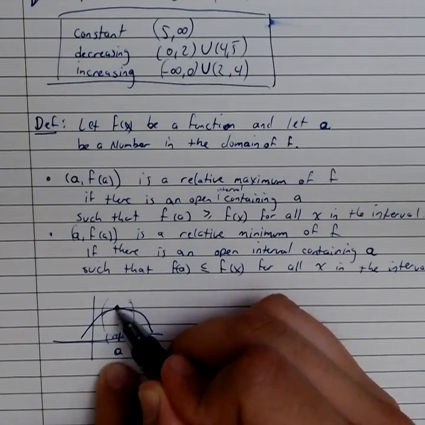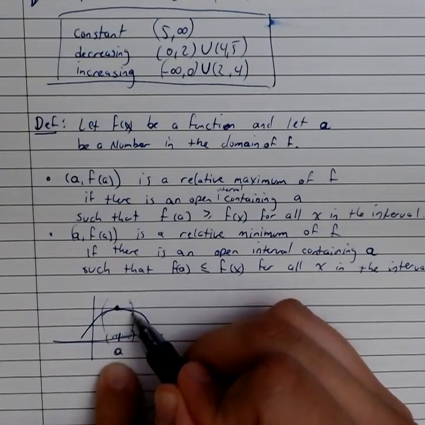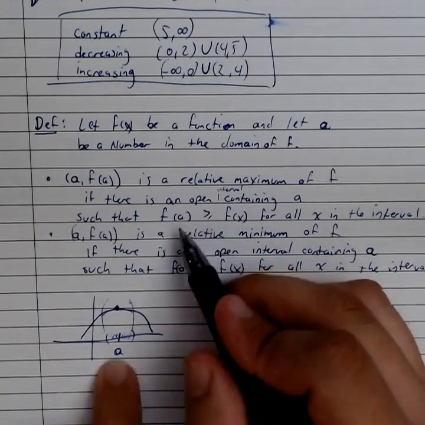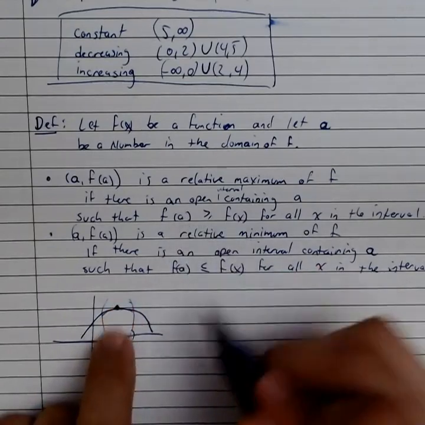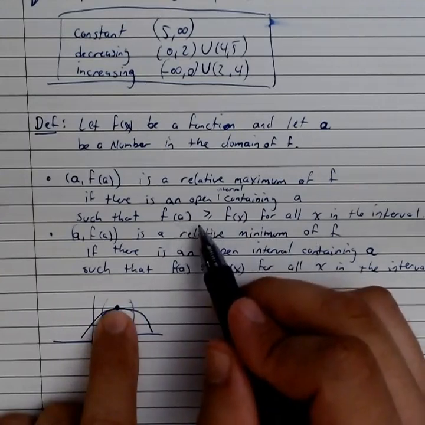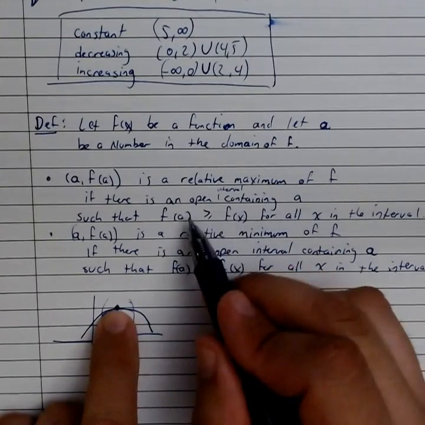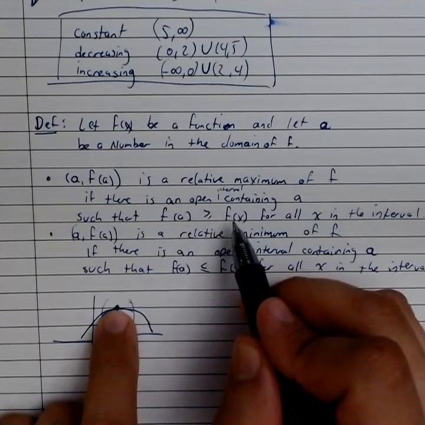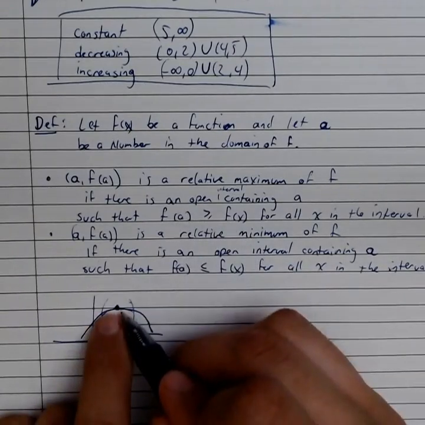Notice that this is the highest point in that interval. That's what this means. It means that for every x value in here, either I'm going to get that point at the top or I'm going to get something smaller, right? F at A is going to be greater than f of x, so all the other f of x's are going to be somewhere slightly lower.